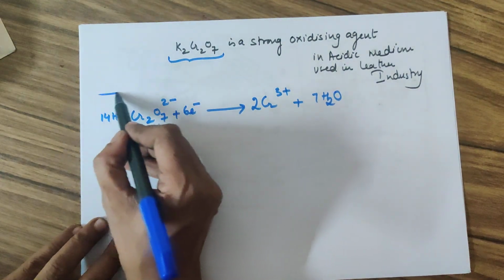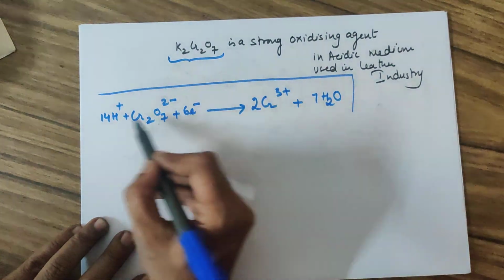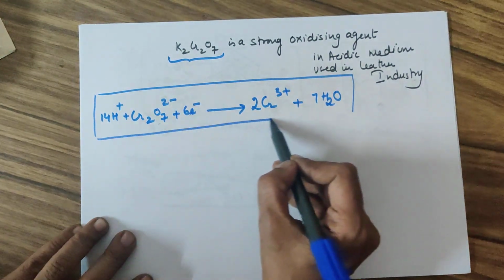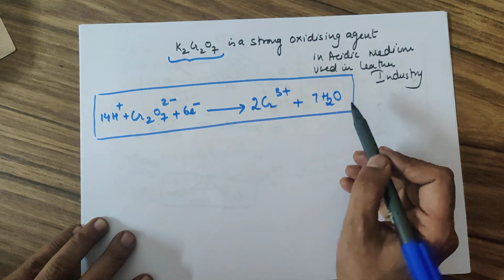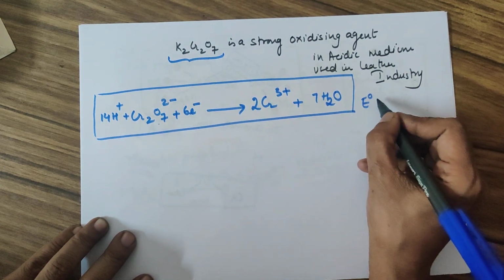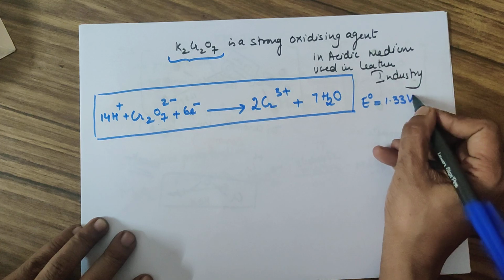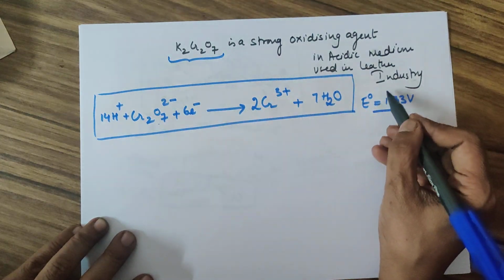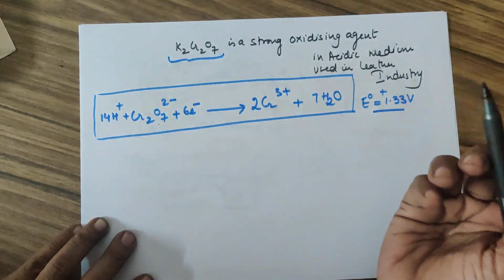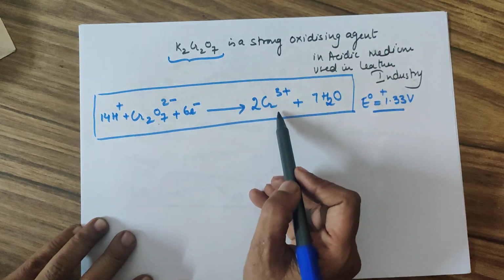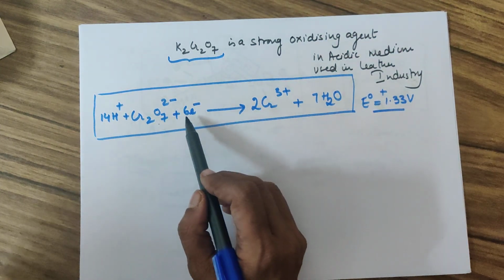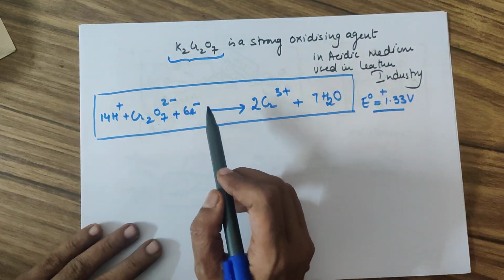So if you are asked to give an equation to show that potassium dichromate is an oxidizing agent, you can give this equation. इस इक्वेशन का E0 वैल्यू is 1.33 volts, का मतलब this reduction is a positive value, which means the reduction will happen. So your dichromate quickly transforms into chromium ions in acidic medium by accepting 6 electrons.